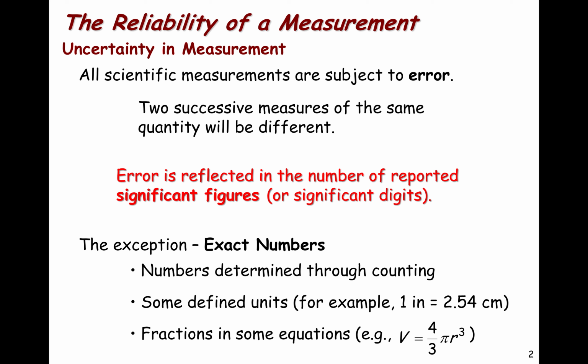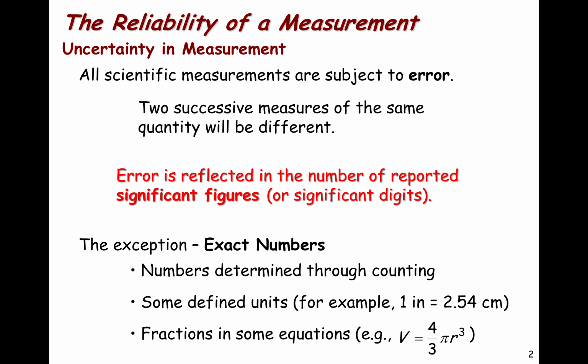Examples of exact numbers are numbers that you get from counting. If you count the number of students in the classroom, there will be exactly a whole number of students. Likewise, certain numbers are defined, and these will be exact numbers with an infinite number of sig figs. For example, 1 inch is always exactly 2.54 centimeters, so you can imply that there's an infinite number of digits after the 4.